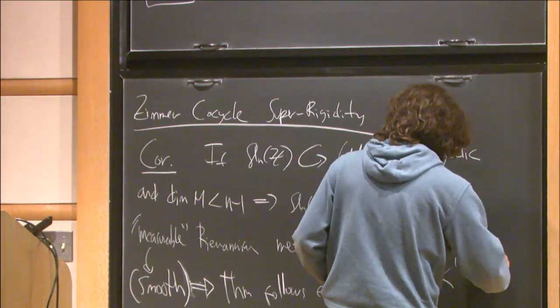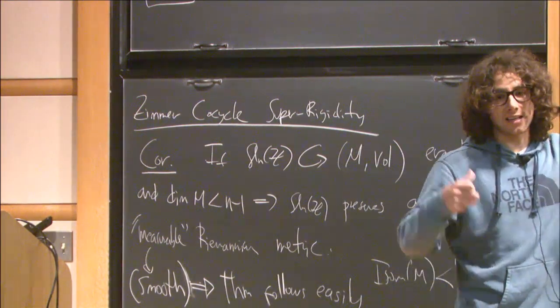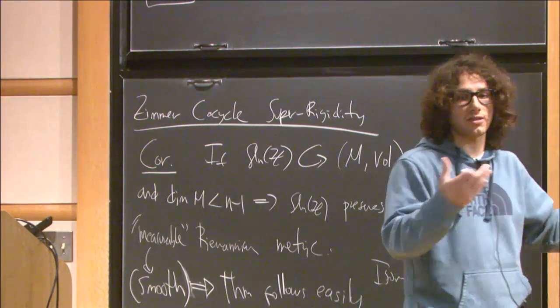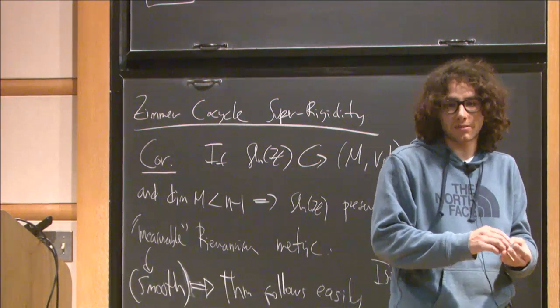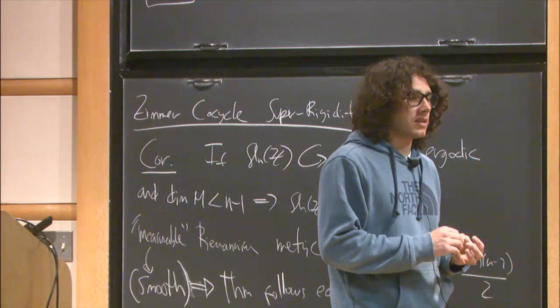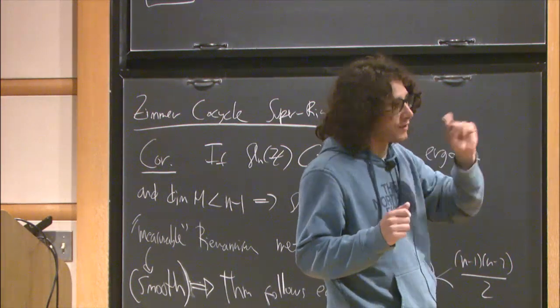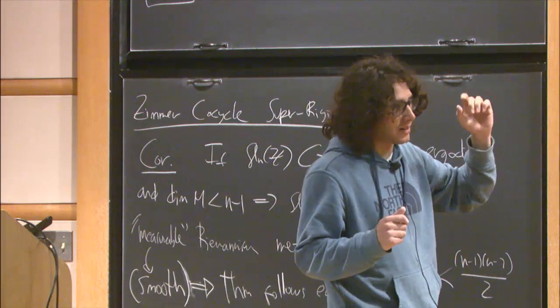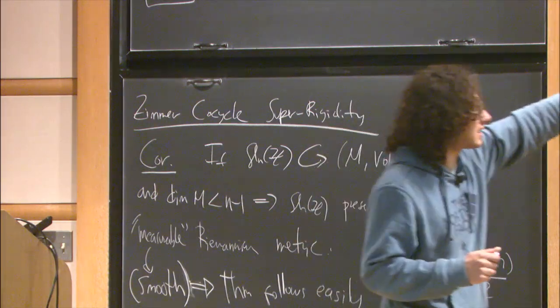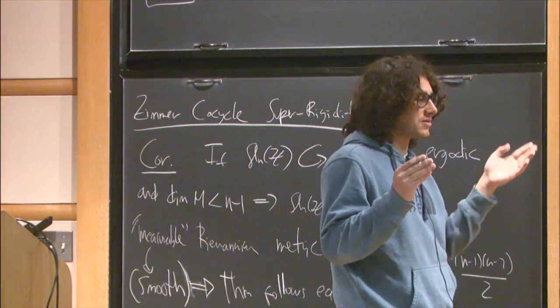Then you use Margulis superrigidity, the classification of these actions in Lie groups. The isometry group is a compact Lie group. It doesn't follow immediately from there, but it comes from there.